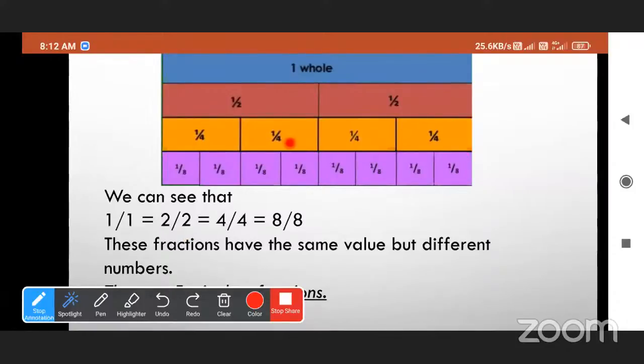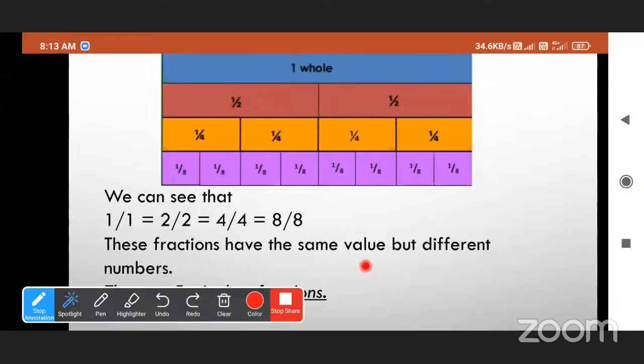In the third one, if we add all 4 parts, 1 by 4 plus 1 by 4 plus 1 by 4 plus 1 by 4, then we get 4 by 4. And in the last one, there are a total of 8 parts. By adding them, we get 8 upon 8. So these fractions have the same value but different numbers only.